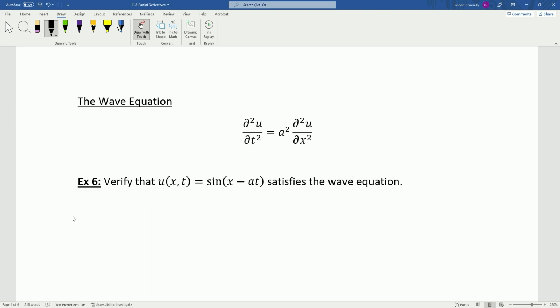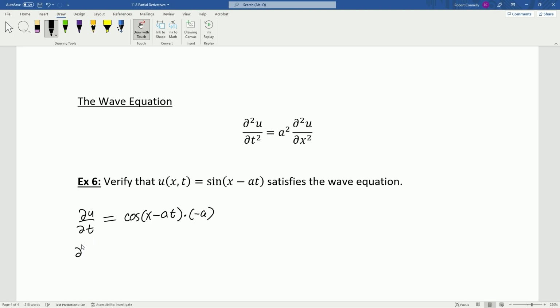All right, well, let's take our first derivative of u with respect to t. If we're taking this with respect to t, we get cosine of x minus at, and the derivative of the inner function will just be negative a.